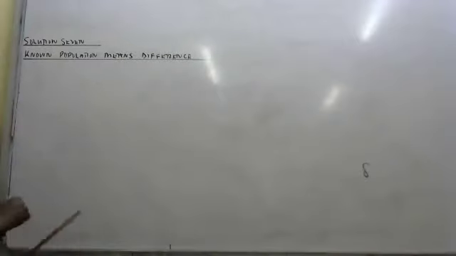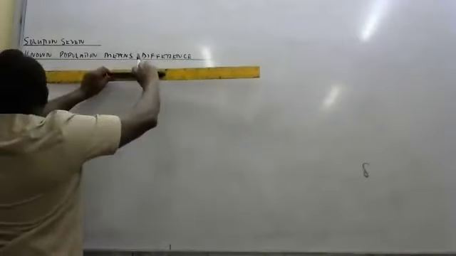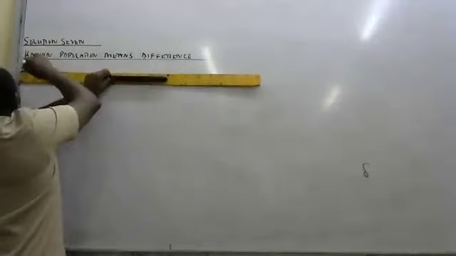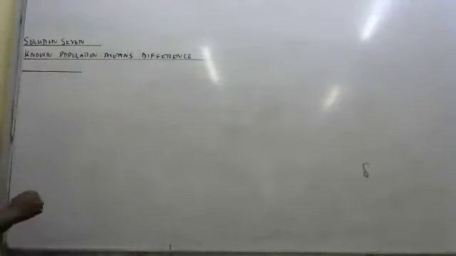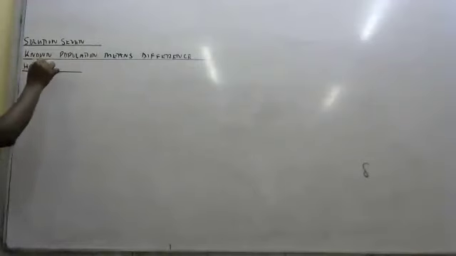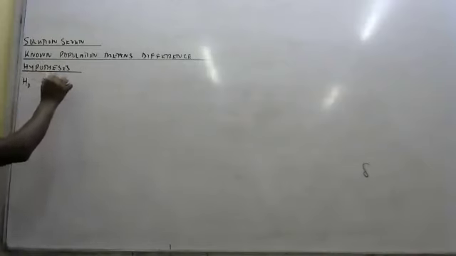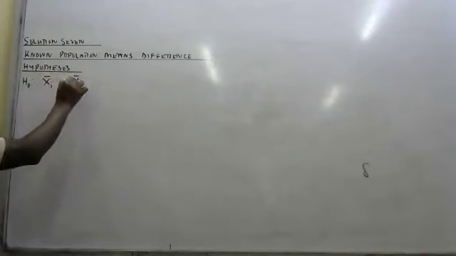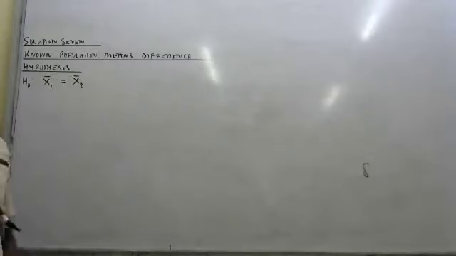So in the hypothesis, the null hypothesis is usually written as the first mean is equal to the second mean.